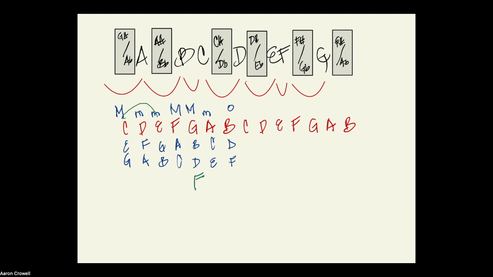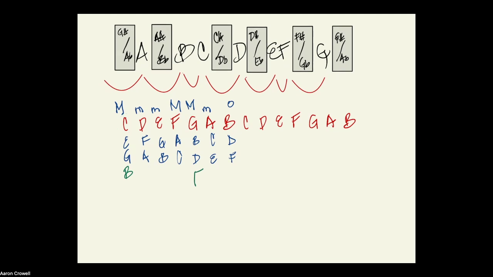I go 1, skip, and I skip again. Oh, that gives me B. Right? So that's the note previous to that. Kind of makes sense? Previous to this was C, D, E, G, A.